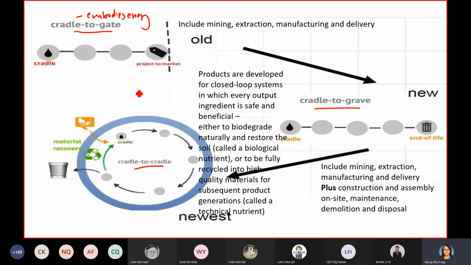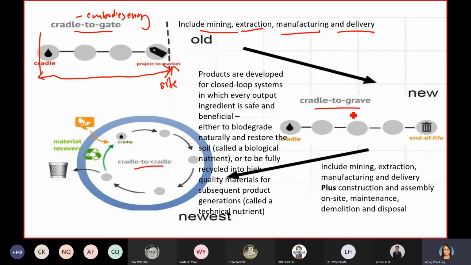They calculate the energy released from mining, extraction, manufacture, and delivery to the site, to the destination. So that is cradle to gate. Gate here means the destination. So cradle to gate calculates the energy from the baby, the small, when you extract from the ground until delivery to the destination only. That is cradle to gate.